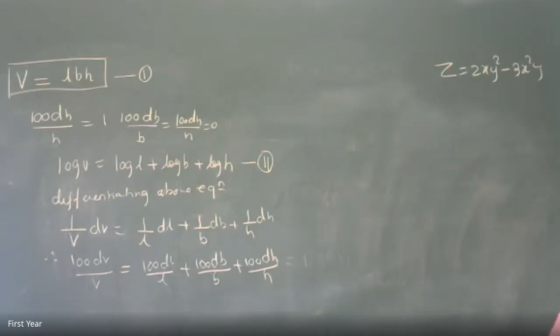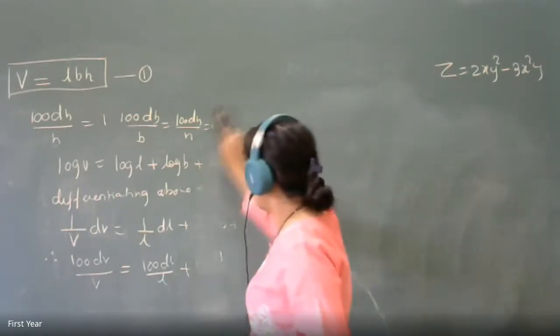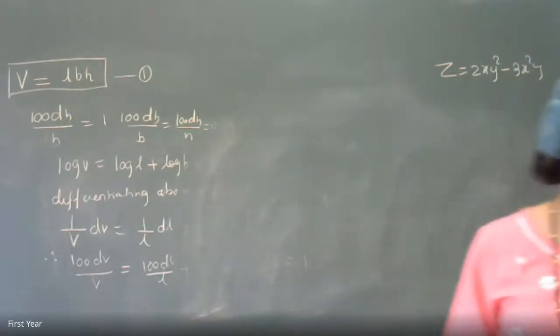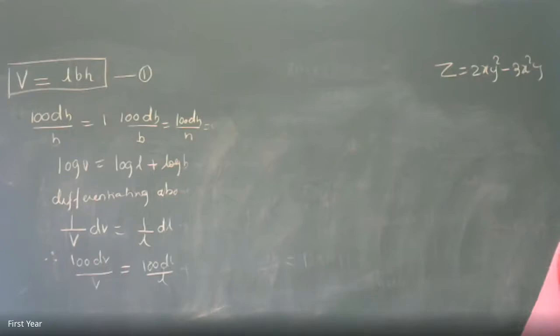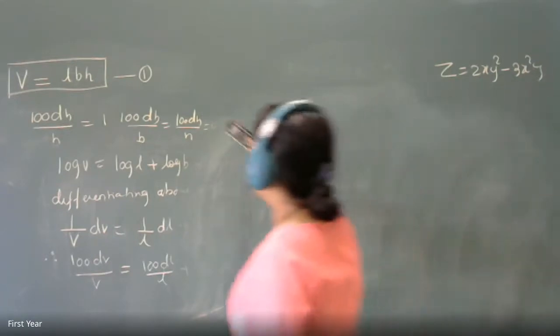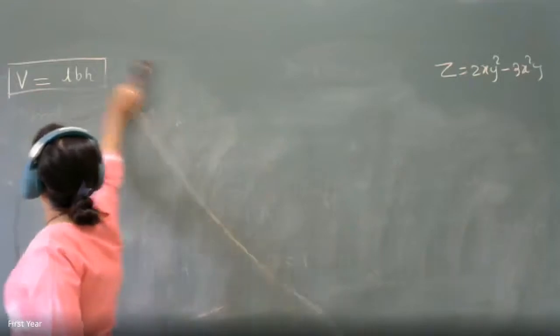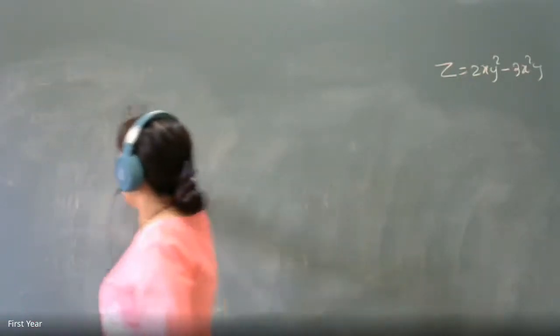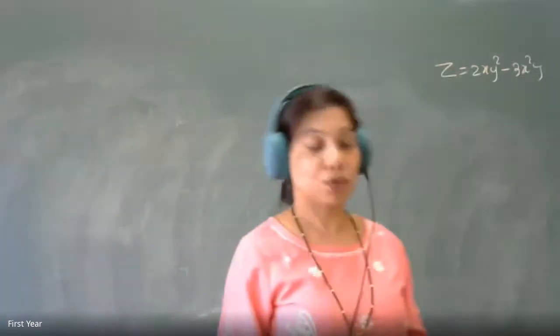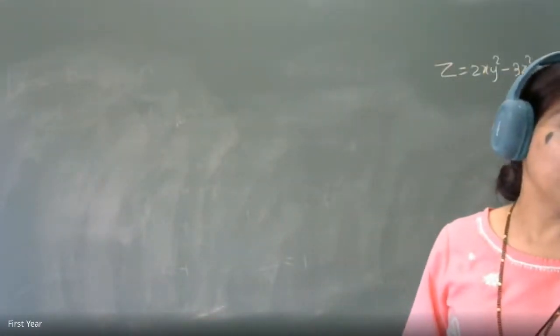Show that if y passes through 1 centimeter, y must decrease at the rate 32 by 15 centimeter per second, so that Z shall remain constant.